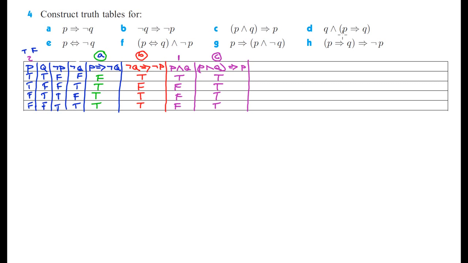And that's Q and P implies Q. We have not done P implies Q, so let's do that first. I'm just going to pick green here. So let's do P implies Q right here first.